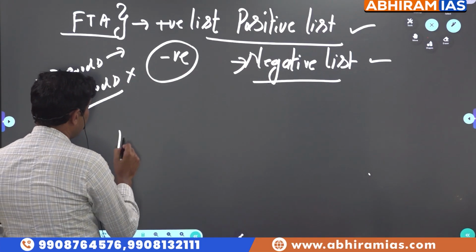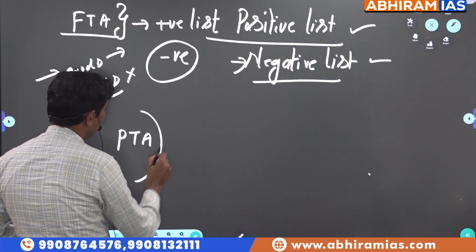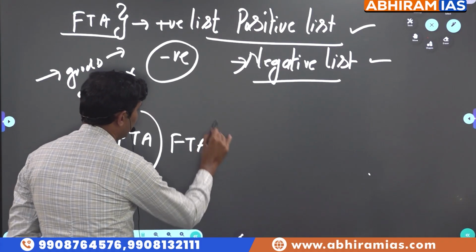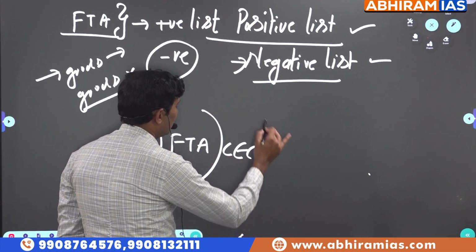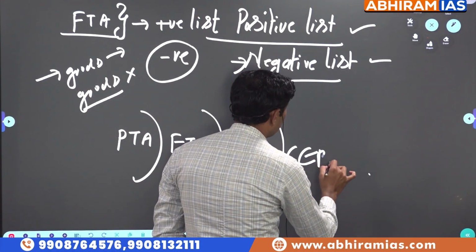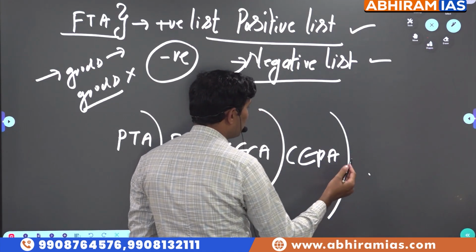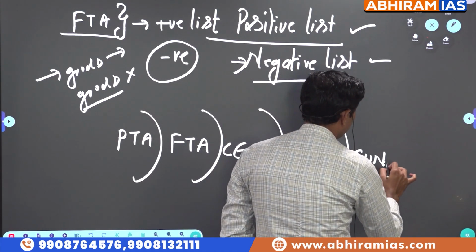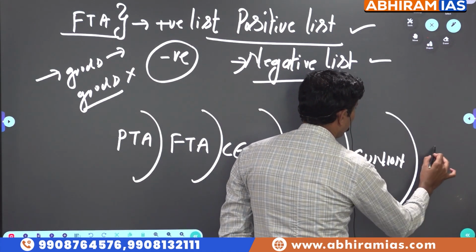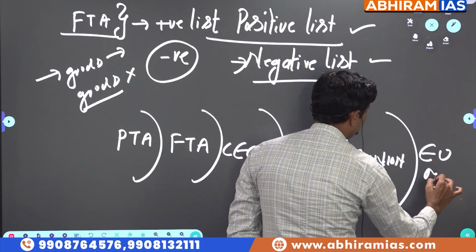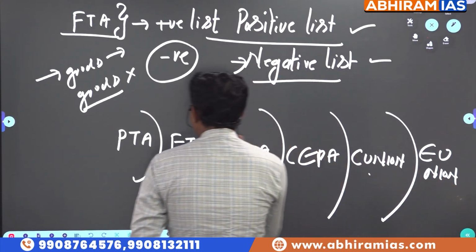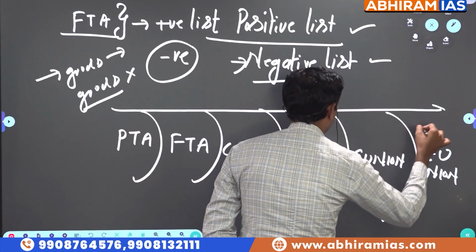Now they are classified as preferential trade agreement, free trade agreement, comprehensive economic cooperation agreement, comprehensive economic partnership agreement, customs union, economic union. So this is the integration levels of free trade agreements.